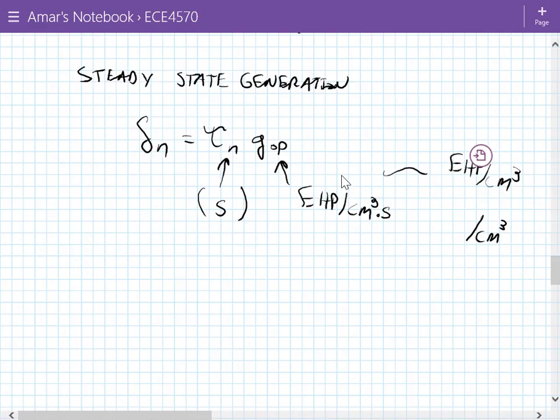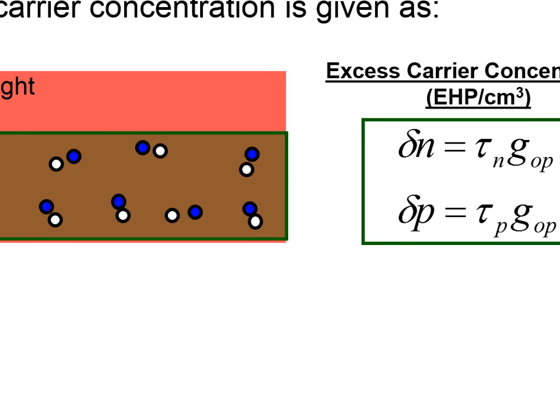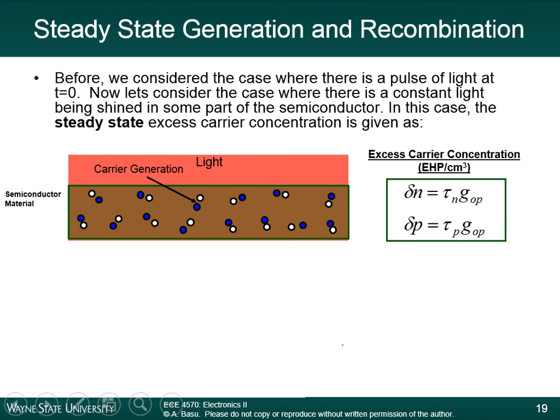The carrier lifetime depends on the material, and it depends on the electron-hole concentration in the material. As we talked about before, the higher the electron and hole concentration, the smaller the carrier lifetime. The same is the case for τp and GOP. Notice that the holes can have a different carrier lifetime in some materials.